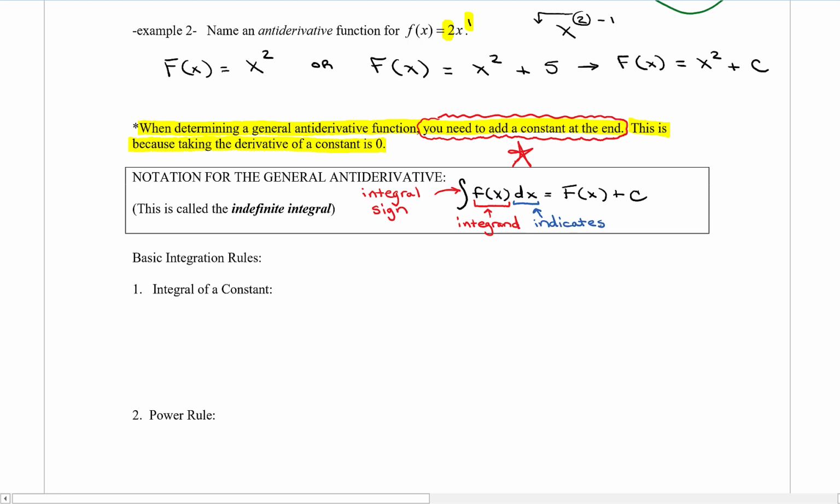So I'm going to write here, this indicates that x is the variable of integration.